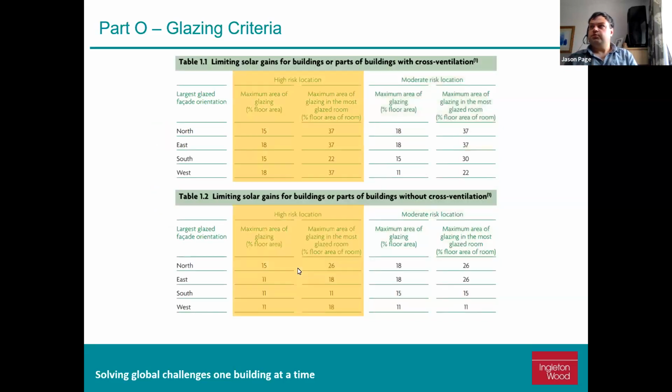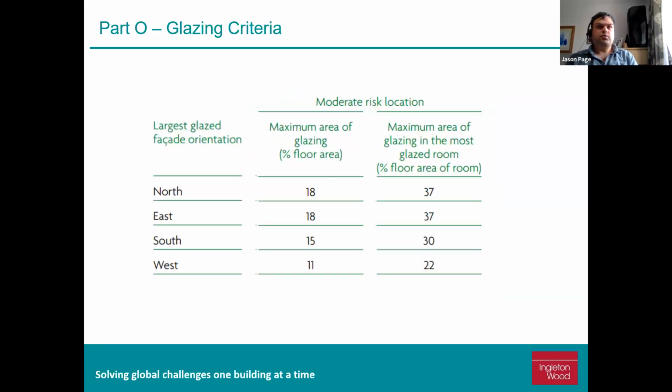So you go through and you select your table. You have a set of compliance values for the two criteria. What we are going to be looking at is the orientation with the biggest amount of glazing.